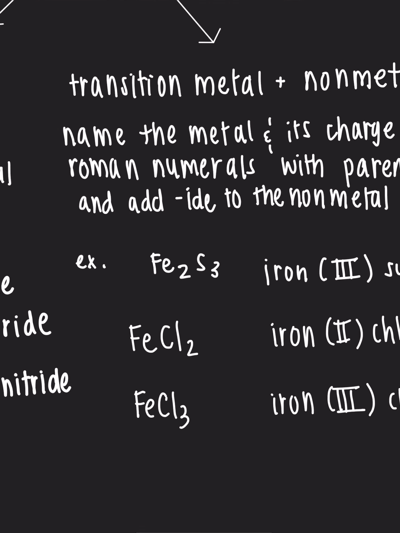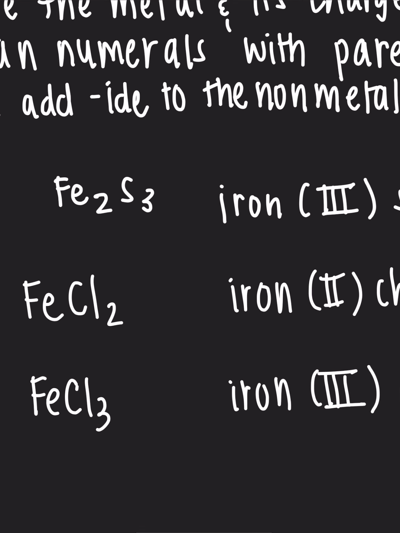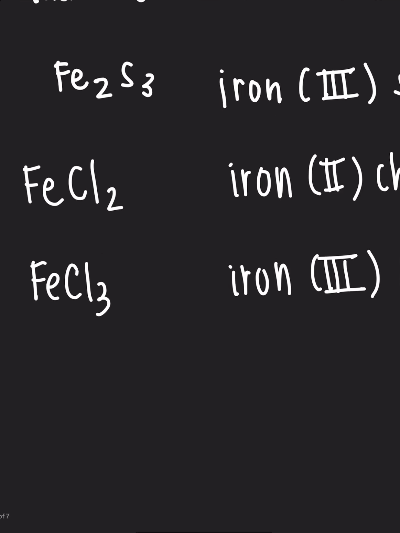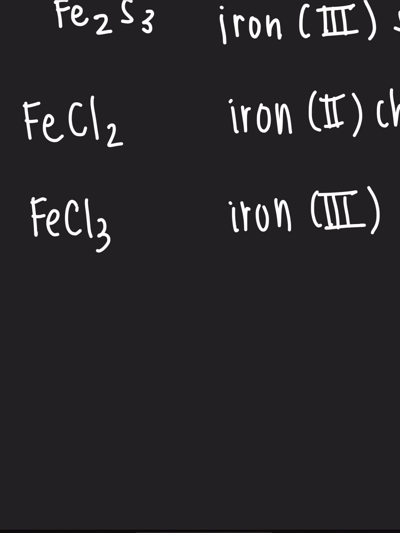So I'm going to show you the crisscross rule. If you have, for example, Fe2+ and Cl-, then this 2 is going to go over here. The 1 goes over there, but you don't write it. And then it's going to be FeCl2.